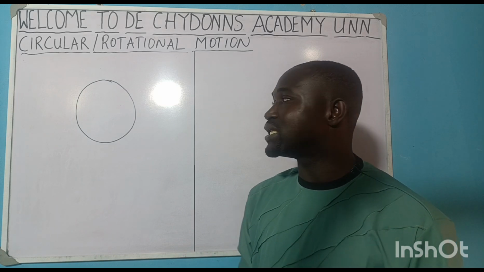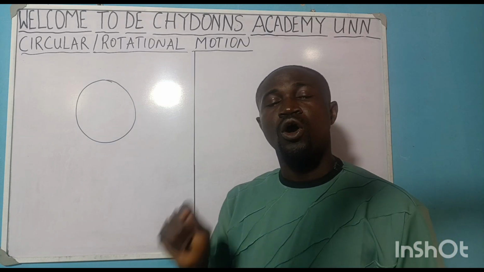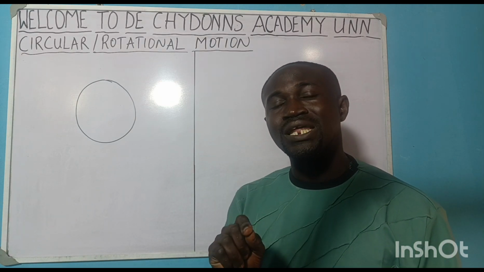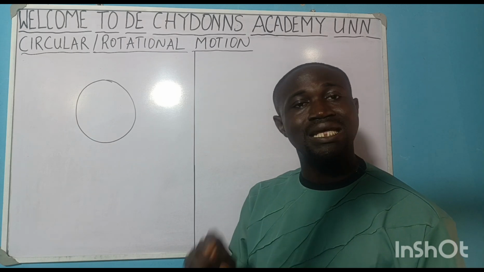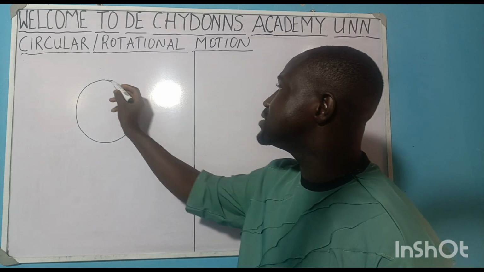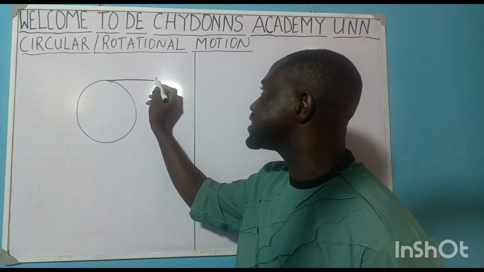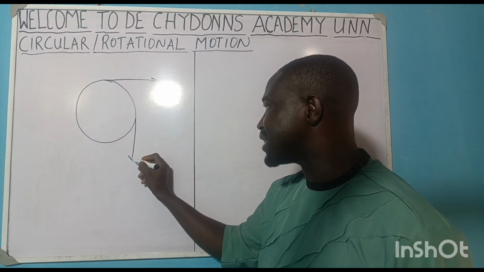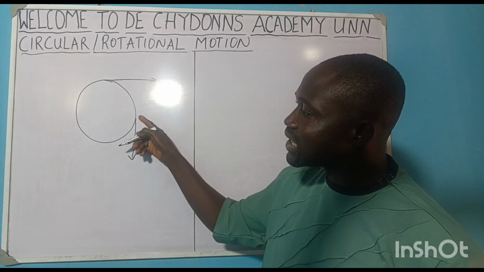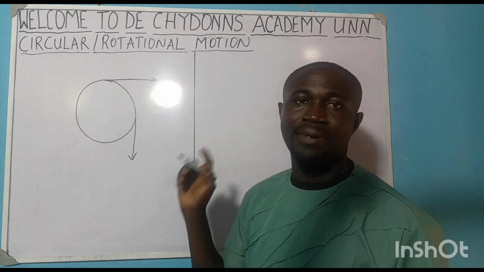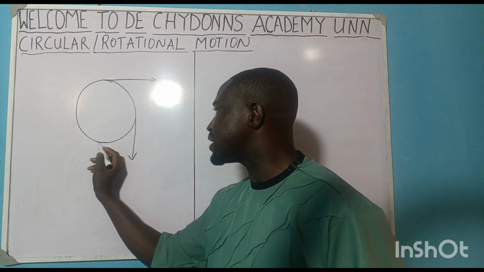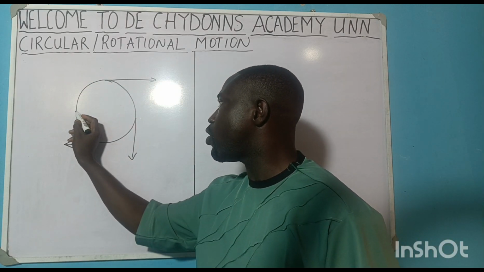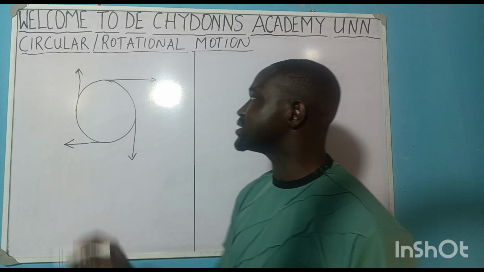The velocity of every body undergoing circular motion is not constant. Instead, it varies, and its velocity is always at tangent with that circle. Tangent means it touches the outer part of that circular path.